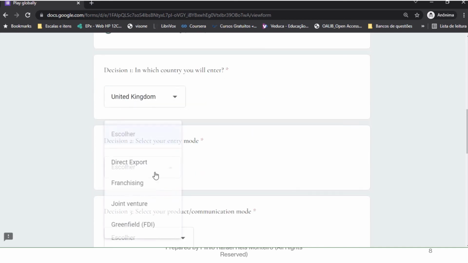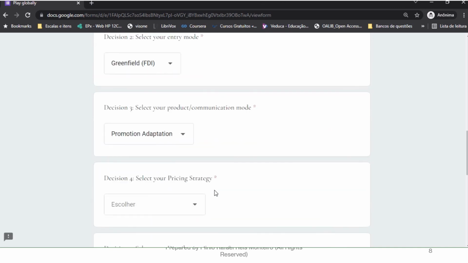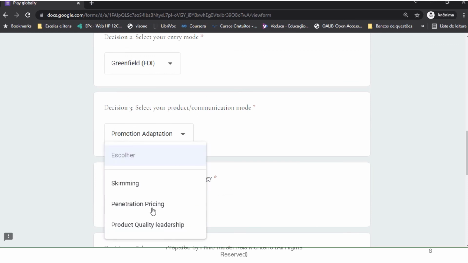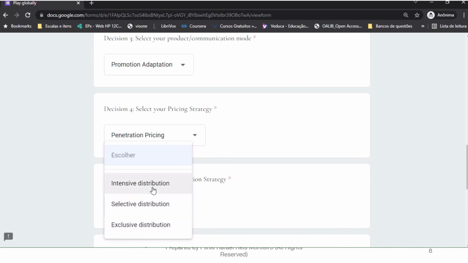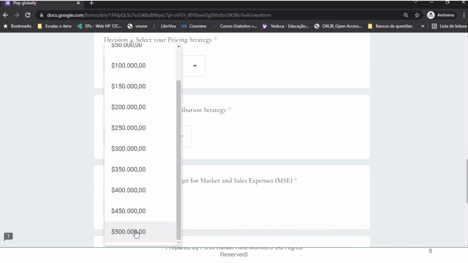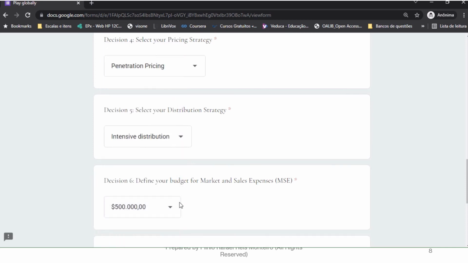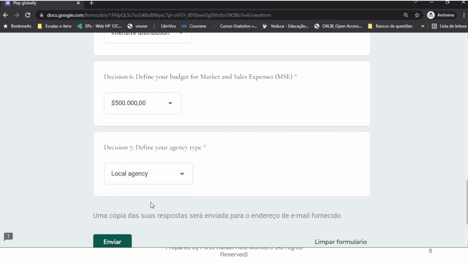Suppose that in the end I'm choosing Greenfield, and for communication I'm going to use promotion adaptation, pricing strategy, penetration pricing. I'm going to use intensive distribution, and market sales expenses. I'm going to spend a lot of money on that, the maximum, and the type of agency will be local agency.